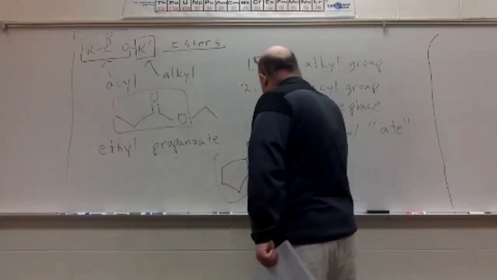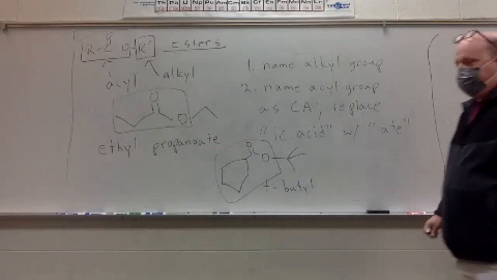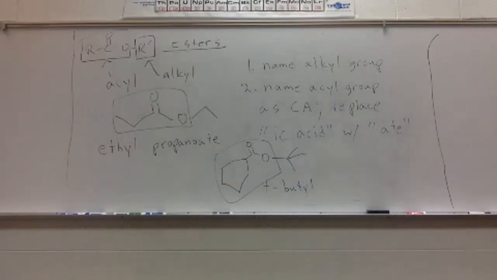So now you got to figure out what to name your acyl group. If that was an acid, what would it be called? So you do have to know the rules for cyclic acids here. Yeah, look back if you need to. If that was an acid, what would it be called?